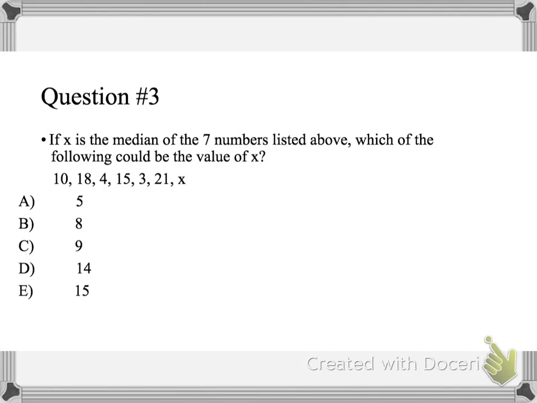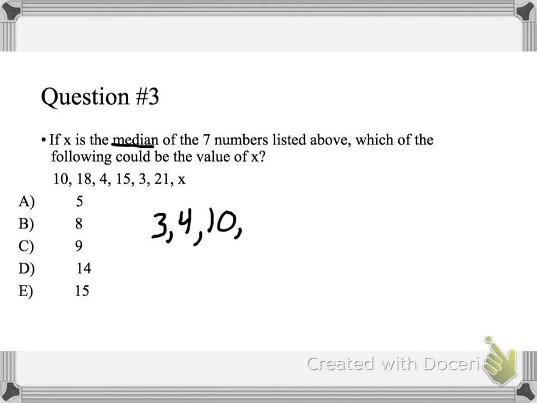Alright, question 3. If x is the median of the 7 numbers listed above, which of the following could be the value of x? So again, if we're looking at the median, we're looking at the middle value, so we're going to have to put them in order. We know that x is the median value, so it has to be in the middle. And notice, since I have 7 values, I'm going to have 3 in front of the x and 3 below the x. So starting with my smallest number, it's going to be 3, then 4, then 10.